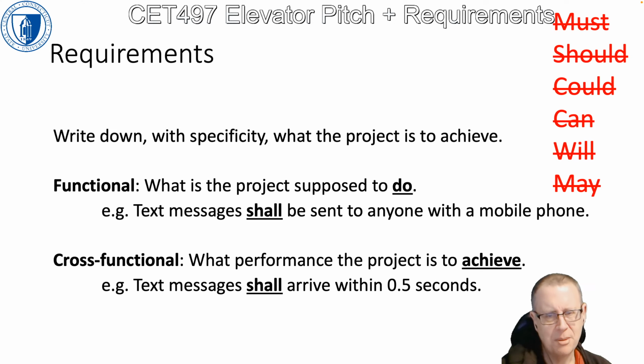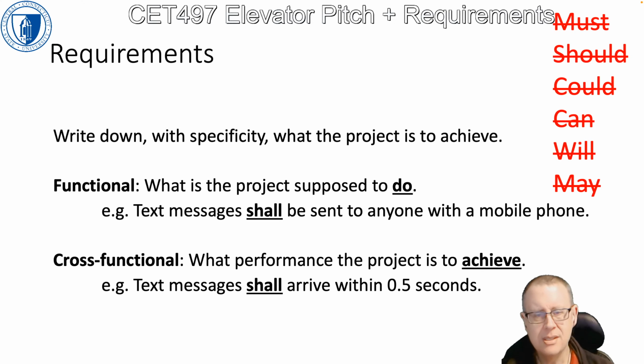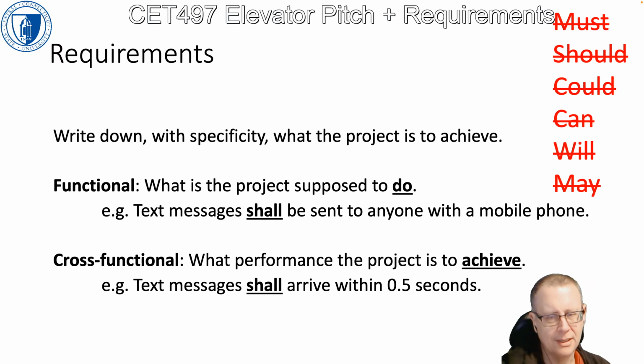So, for example, text messages shall be sent to anyone with a mobile phone. Right, so this is for my tinfoil hat messenger application that we looked at the video pitch for last week. And then the cross-functional example is text messages shall arrive within half a second.